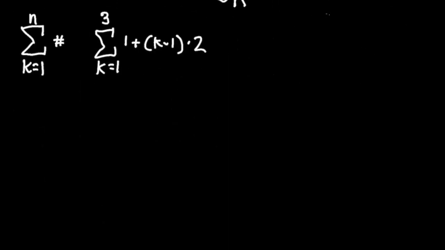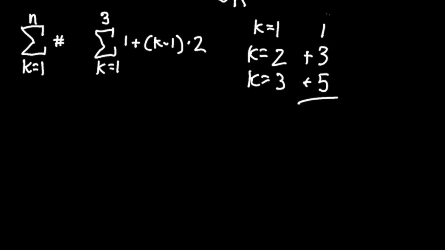And what we do here is we go step by step. k equals 1, plug it in to get 1. k equals 2, we plug it in, we get 3. k equals 3, we plug it in, we get 5. And then we stop and we add up all of these term values. So we get 9. So this is another way of saying the nth partial sum if we go from k equals 1 to n. This is the third partial sum.